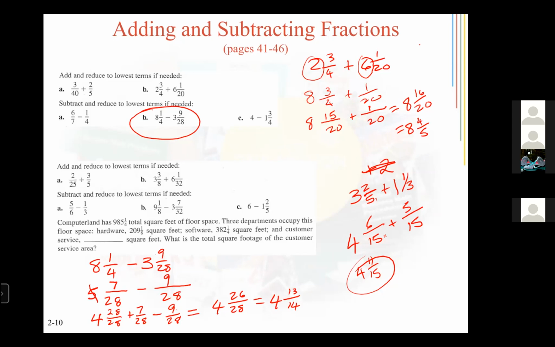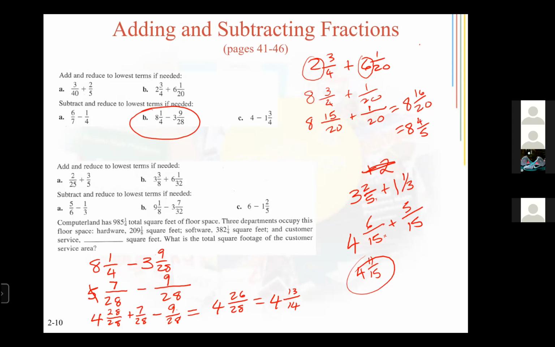Of course, whatever base it is, the numerator will be the same. So if you are dealing with 12ths, then it will become 12 over 12. If you're dealing with quarters, it will become 4 over 4. So whatever fraction you're dealing with, that's what you're going to convert that one that you borrow into.